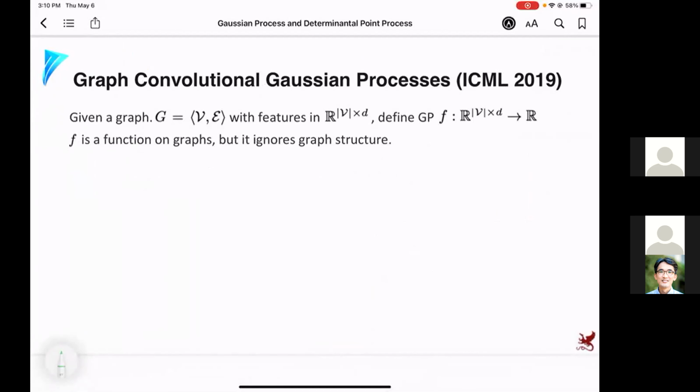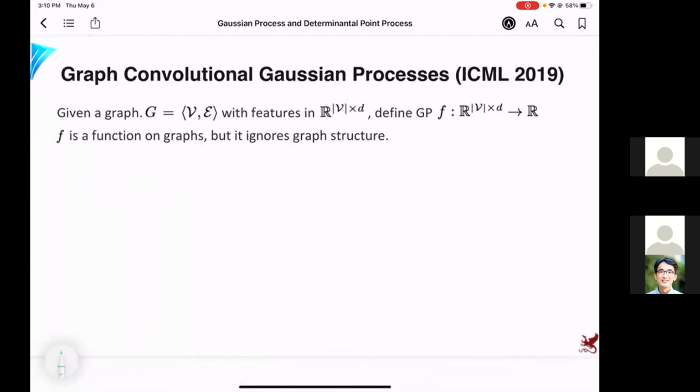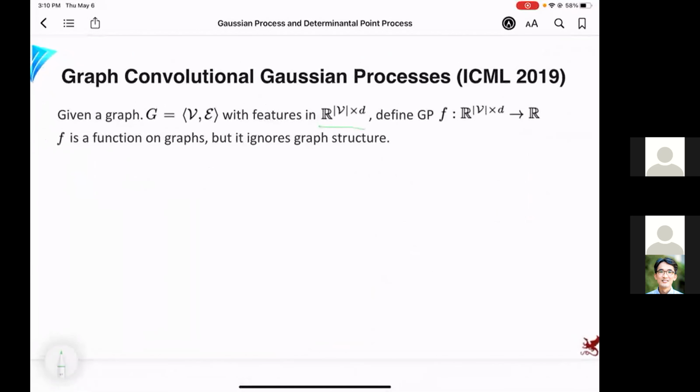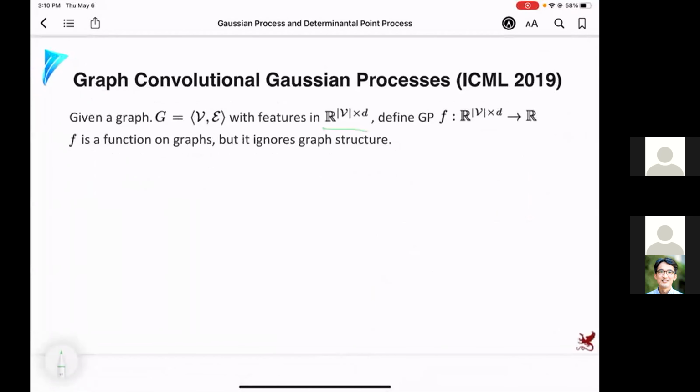So the statement is the following: given a graph G, and given the corresponding features, d-dimensional for each node, we want to use a Gaussian process model to do graph level prediction. So we want to figure out this function f that takes in the graph level information, and you can think of it as a regression problem.